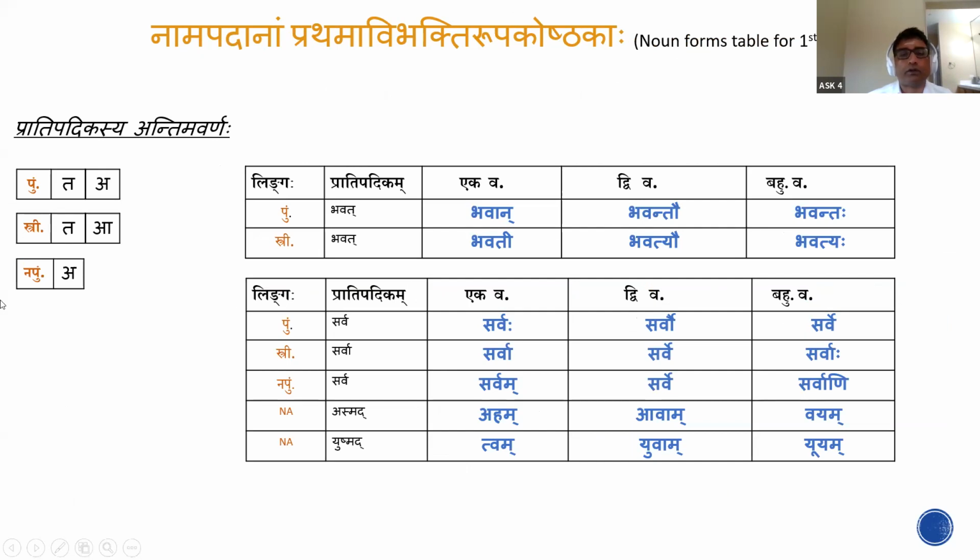Oh, one more prathama vibhakti. This is also sarvanama. Bhavan, bhavantau, bhavantaha, bhavati, bhavatyau, bhavatyaha. This is similar to Devi or Nadi. Here you have to remember bhavan, bhavantau, bhavantaha. It's a little different, remember that.